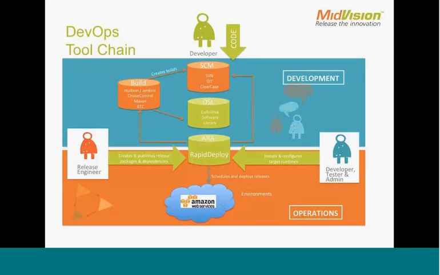But in RapidDeploy, as you can see, the developers can manage their code with the build tools, the SCM tools, and the artifact repositories, and they can manage the application in RapidDeploy. And the operations team installs and configures their target environments, and then they can manage them in RapidDeploy as well. And then our application release automation software will push out the deployments to the targets, which currently, we are talking about, is the cloud environment.